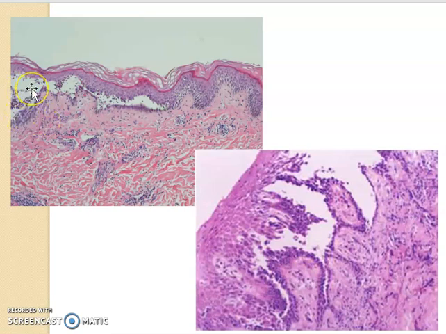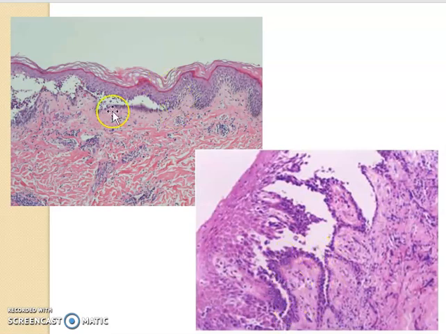There is a very peculiar pattern of separation. They don't just separate at any location. At higher power, they are actually separated at the suprabasal level, above the basal cells, leaving the one layer of basal cells below.